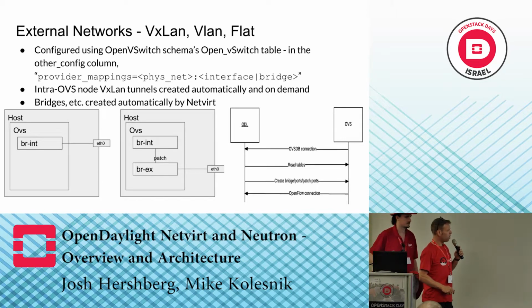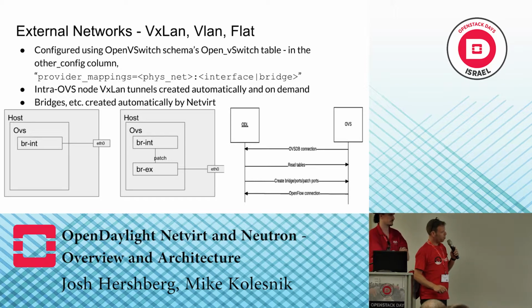The way this is done is there's an OVSDB schema for OpenVSwitch, and on the OpenVSwitch table, in the other config column, you can put in a value that says provider mappings, and then the name of the interface and the name of the network. OVS will then configure all that for you after reading that data out of OVSDB.